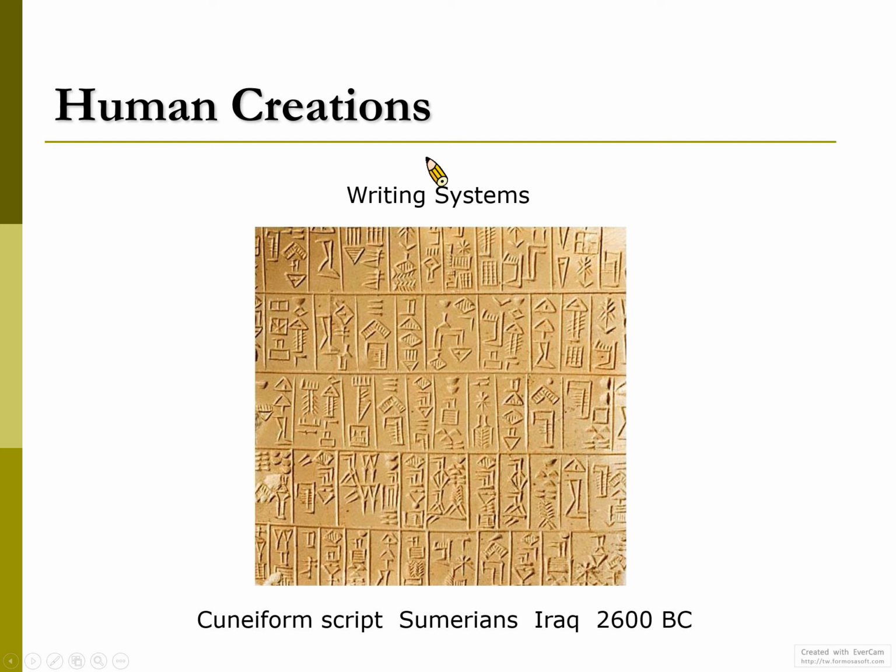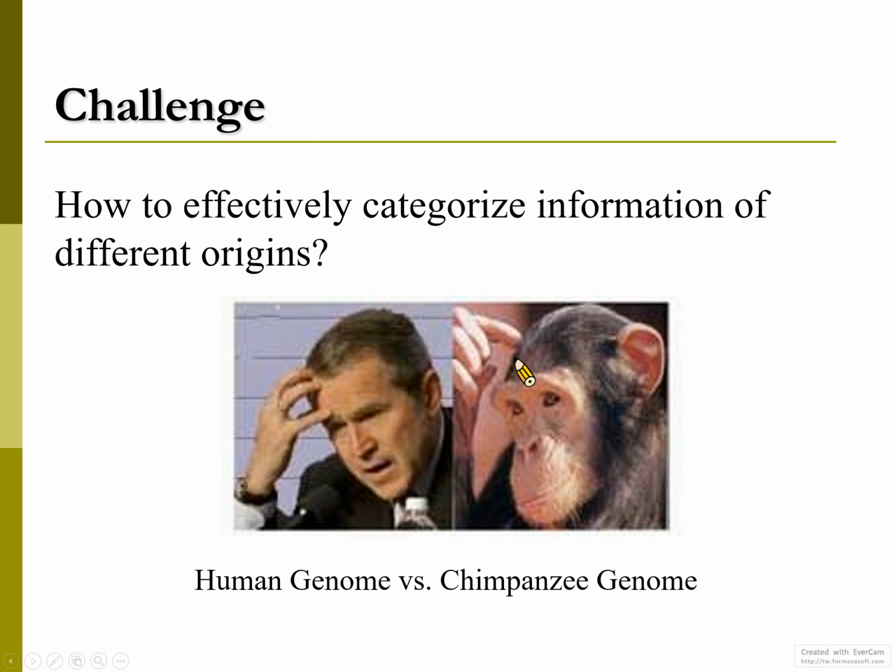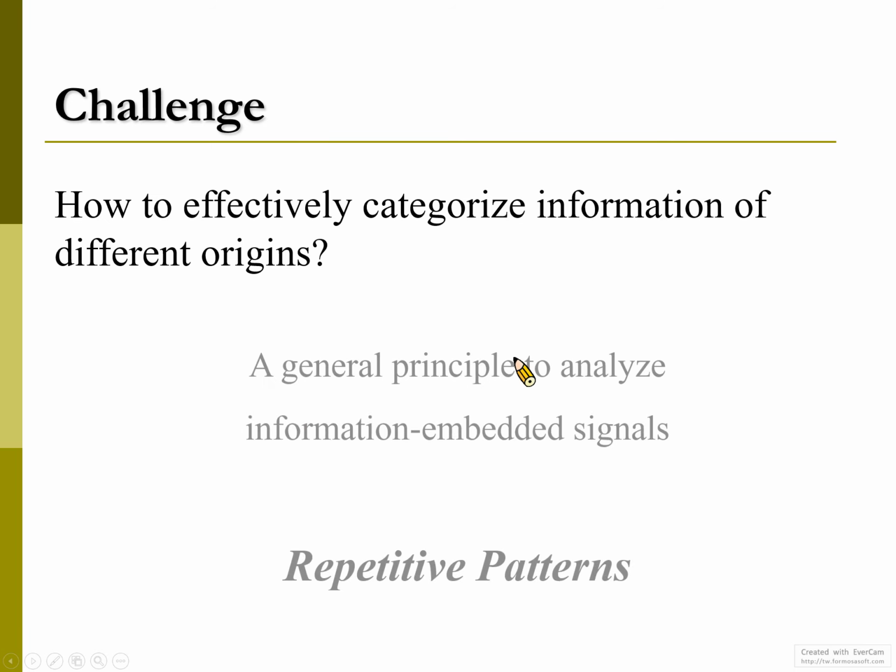So the question is how to effectively categorize information of different origins. For example, how do we classify the human genome and the chimpanzee genome?